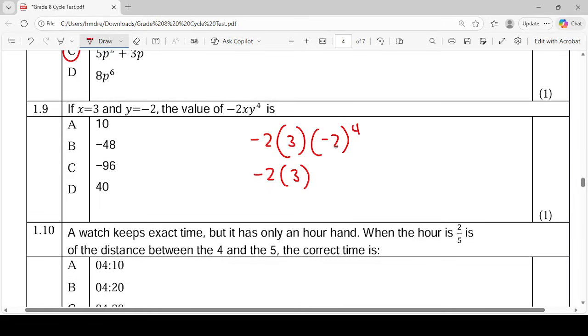And then work out negative 2 to the power of 4. So that means it's going to be minus 2 times minus 2. That is 4. 4 times minus 2 is minus 8. And minus 8 times minus 2 is 16.